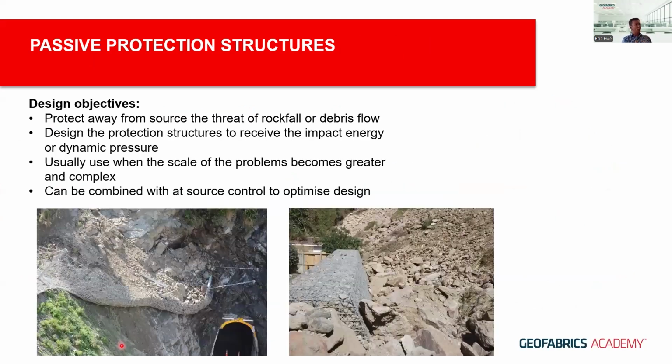So the whole idea and whole objective of passive protection structures comes down to them being installed at the right appropriate location, identified under the trajectory analysis, to protect away from source the threat of rockfall or debris flow, and therefore the structures are designed to receive the impact energy of a rockfall or dynamic pressure of a debris flow.